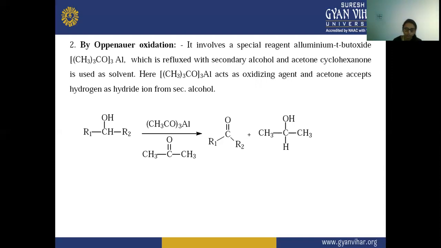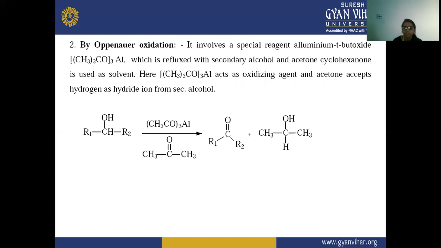This is refluxed with the secondary alcohol, and acetone or cyclohexanone is used as a solvent. Here aluminium tert-butoxide acts as the catalyst, and acetone accepts hydrogen as hydride ion from the secondary alcohol.